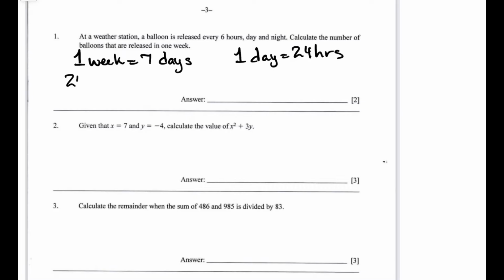So let's divide 6 into 24, which is 4, which means that 4 balloons are released in 24 hours. And now we want to know how many balloons are released in 1 week. We have 7 days in 1 week, so we multiply the 4 balloons by 7, which is 28. So the number of balloons that were released in 1 week is 28 balloons. All right, cool. That's how we solve that question real quick.